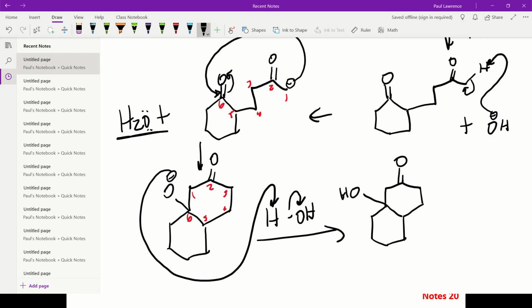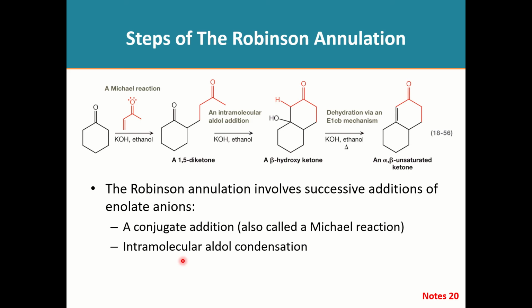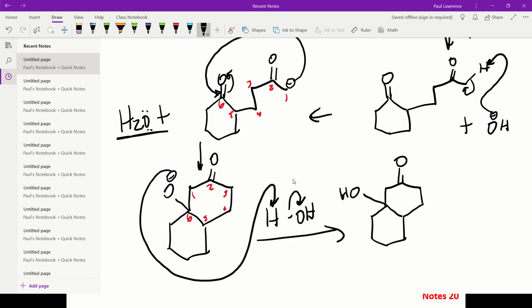But if you look at the conditions, let's see, there it is. Right there: heat. So when we add heat, and what do we have on this side also? The base.